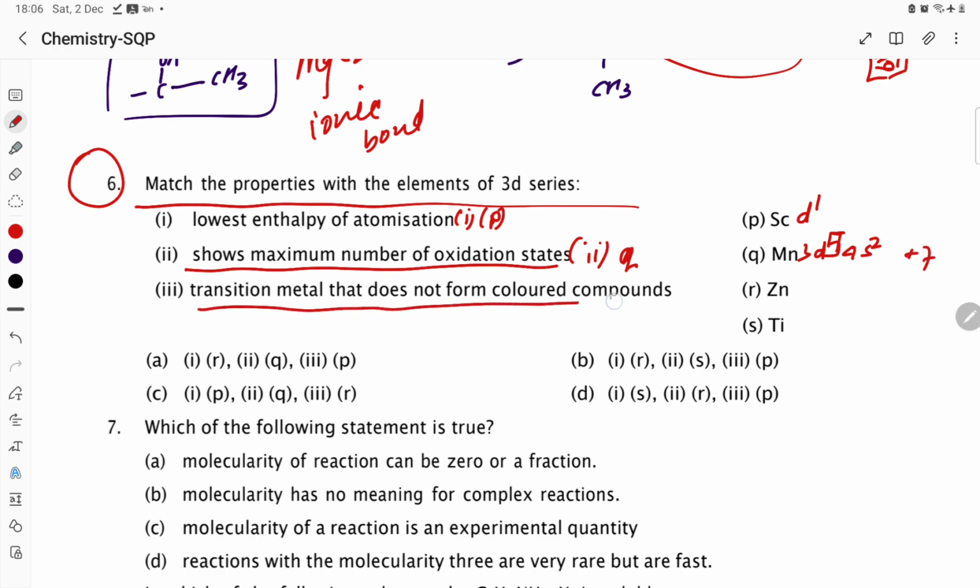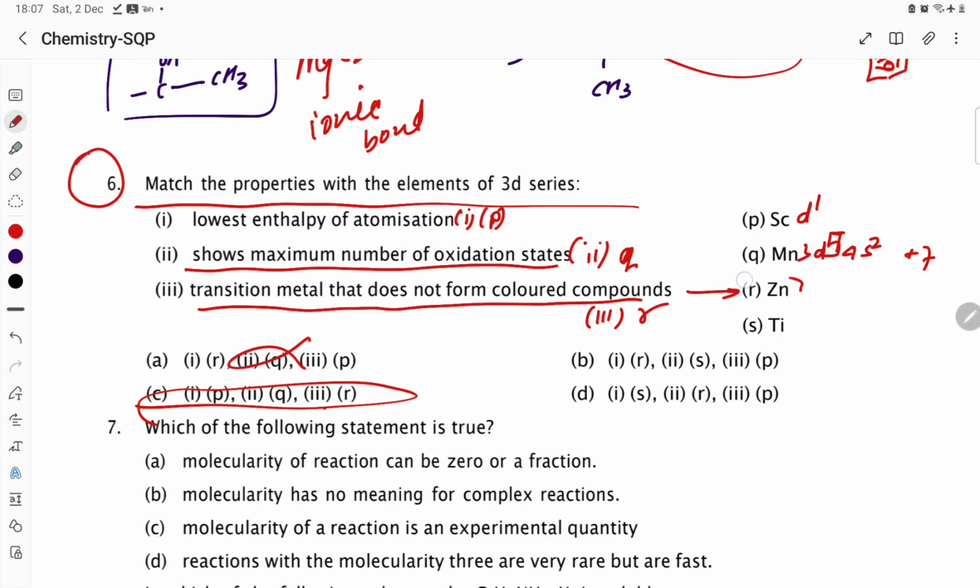Transition metal that does not form a colored compound: this is zinc, so third will go with R. So PQR. This is wrong. Oh sorry, student.